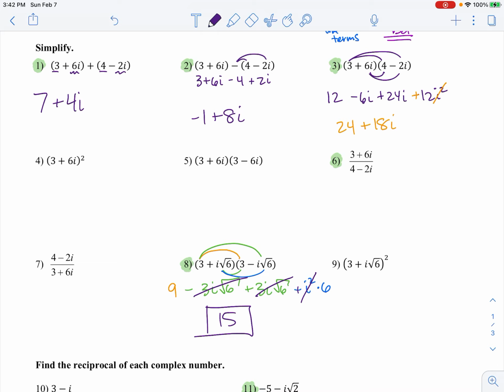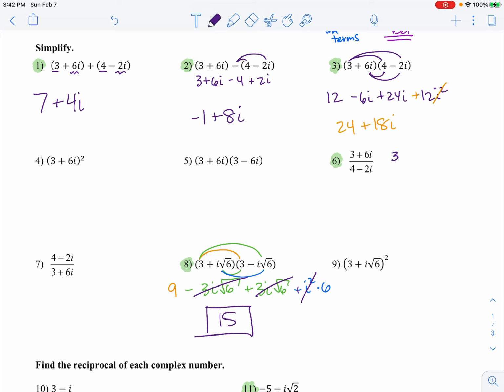We're going to use that and use what we know about conjugates to also rationalize our imaginary numbers. So like with square roots, I do not want an imaginary number in my denominator. That means here for number 6, we are going to multiply by the conjugate of the denominator. So I'm going to multiply by 4 plus 2i and 4 plus 2i. Now, I could have actually factored out a 2 in the bottom. And hold on. Let's do that because I think that's what they were getting at here. We'll rationalize in a minute.